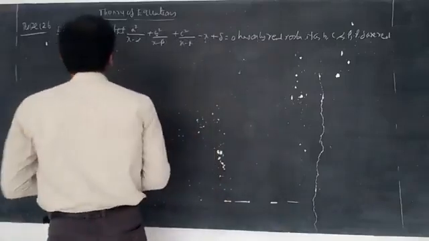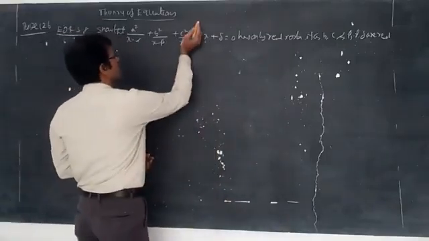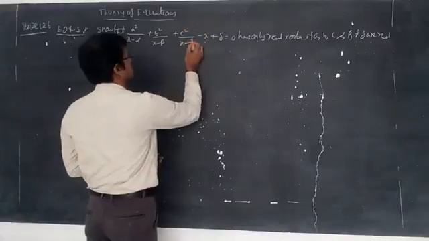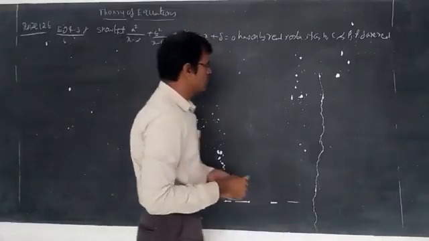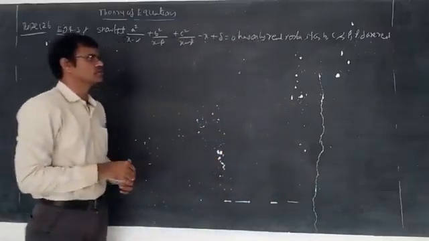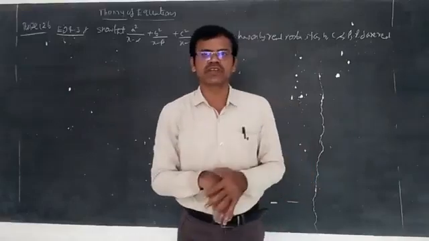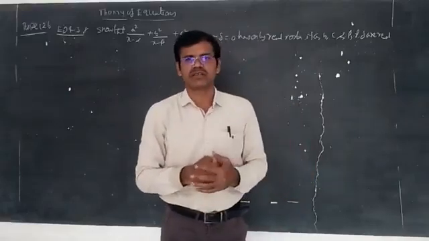Show that here a square by x minus alpha plus b square by x minus beta plus c square by x minus gamma minus x plus delta equals to 0 has only real roots. We should prove that this equation has only real roots. That means it has no imaginary roots. So let us take that the equation has imaginary roots.